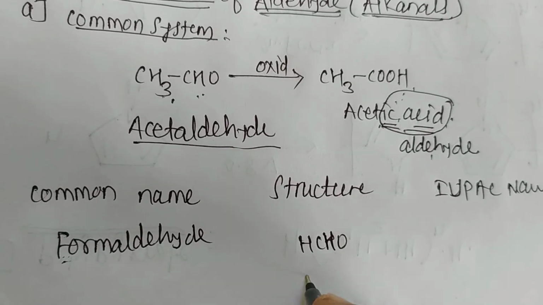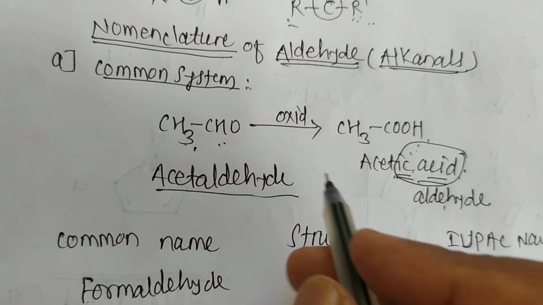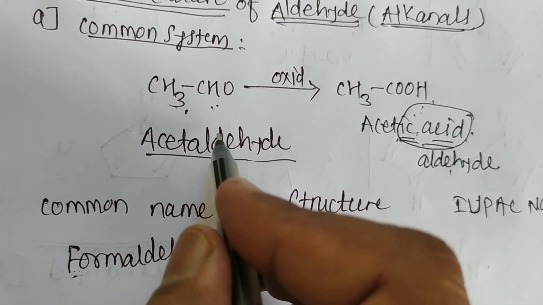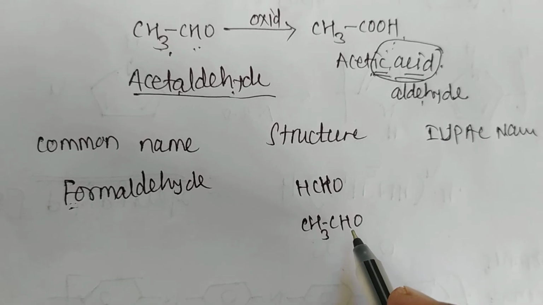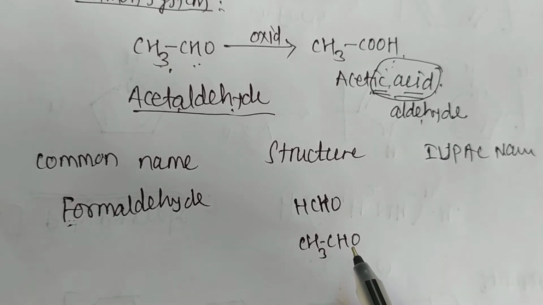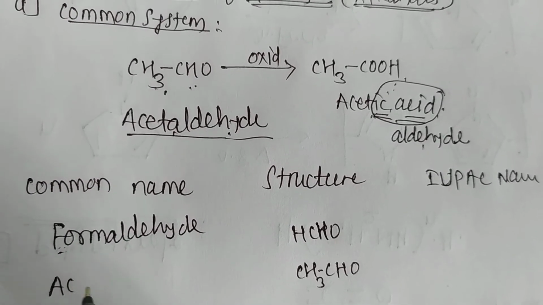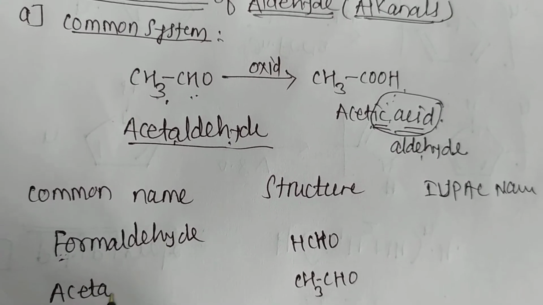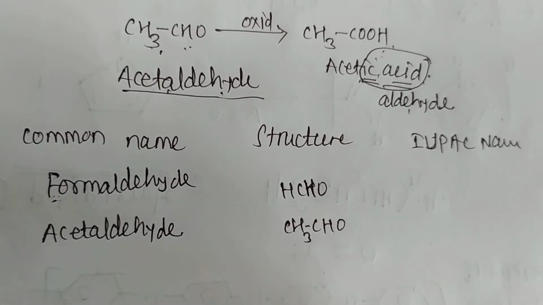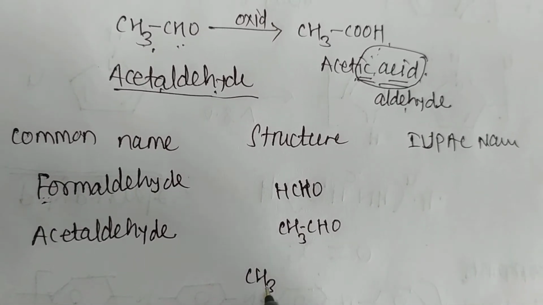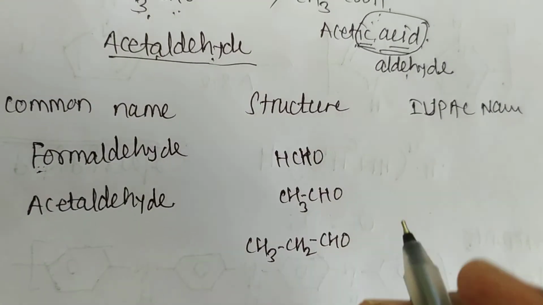Then the second one is CH3CHO. This is acetaldehyde and acetic acid. When it undergoes oxidation, we obtain acetic acid, the ic acid is replaced, and here we get acetaldehyde. Then CH3CH2CHO.